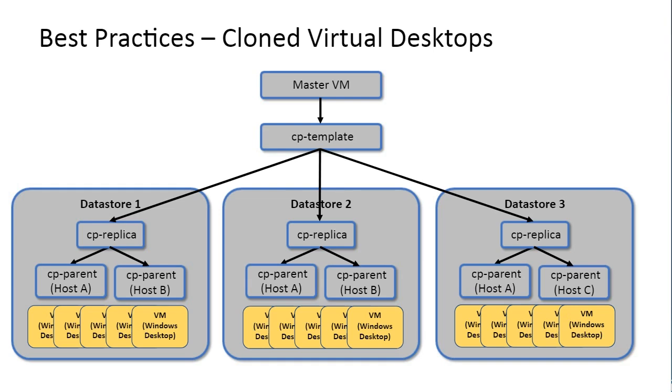By using these disposable clones, what happens to persistent data? That is a great question. It does take some education and discipline on the end user's part. You want to use things like some kind of roaming profile or end user management software that retains this persistent information.